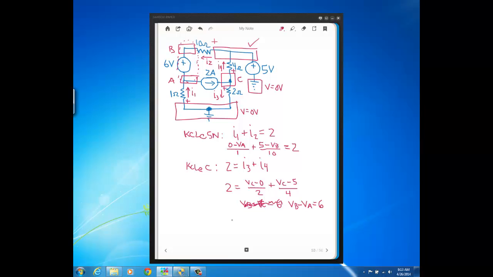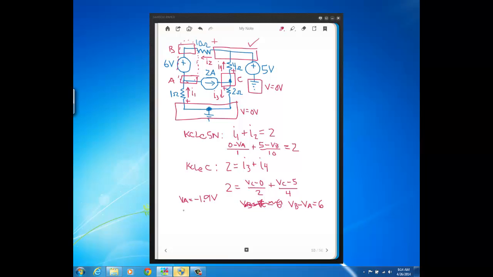When I solved, I got that VA comes out to minus 1.9 volts.